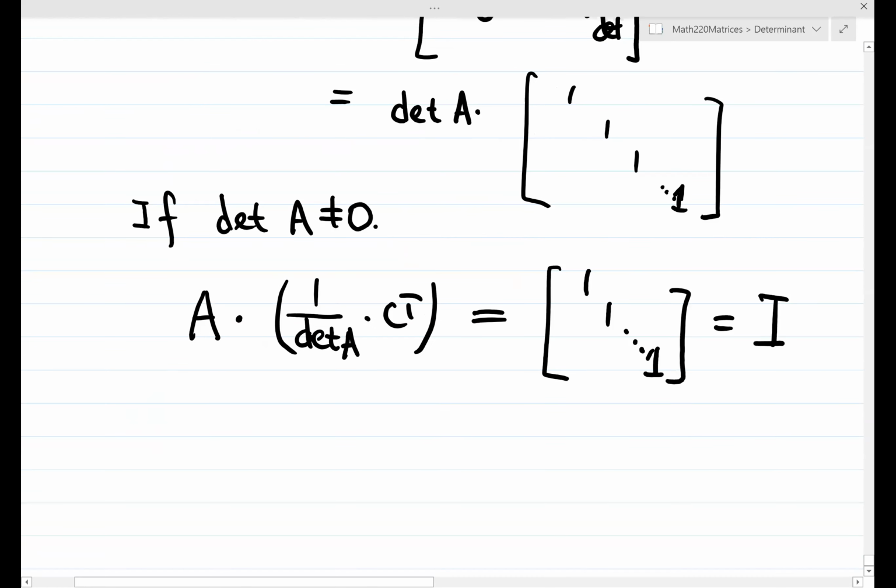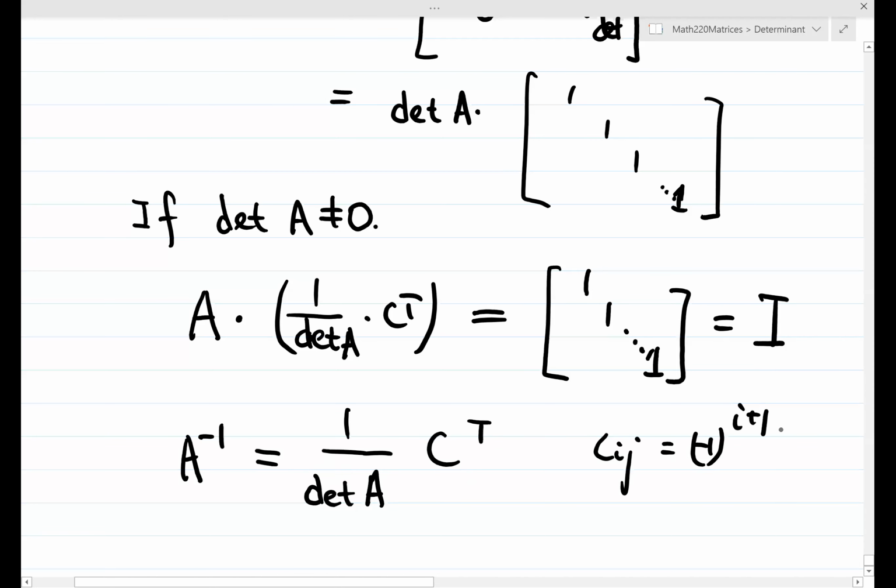Then we find the inverse. So which means, remember, A is invertible, so we find A inverse to be 1 over determinant of A times C transpose, where Cij is (-1)^(i+j) Mij, the ij cofactor.